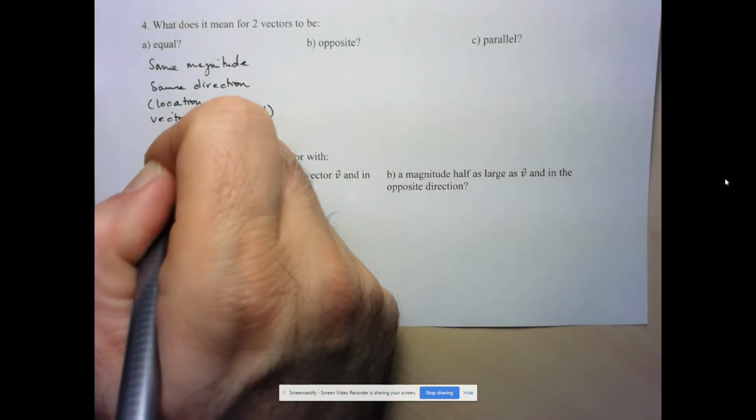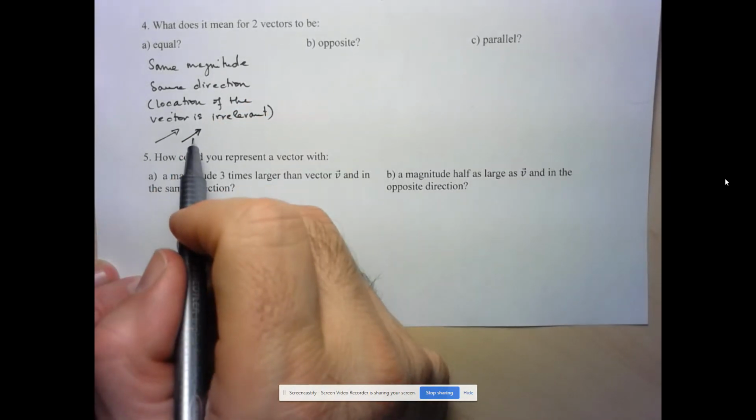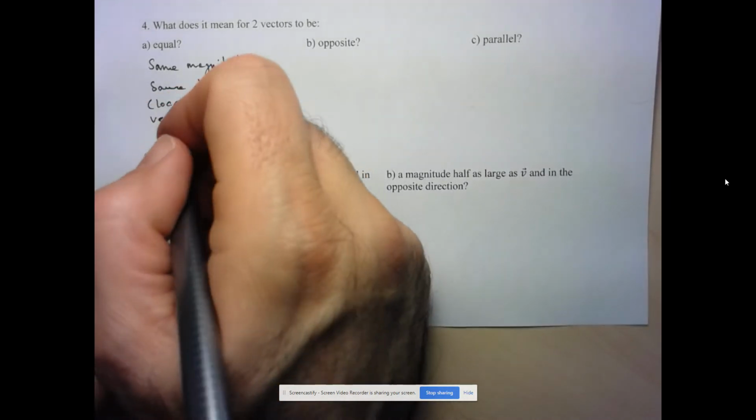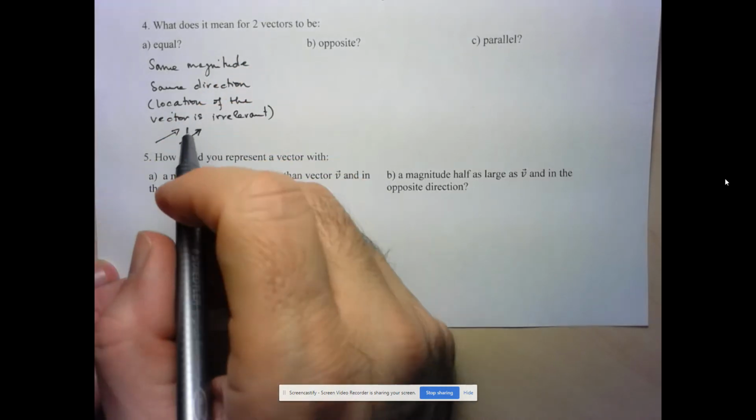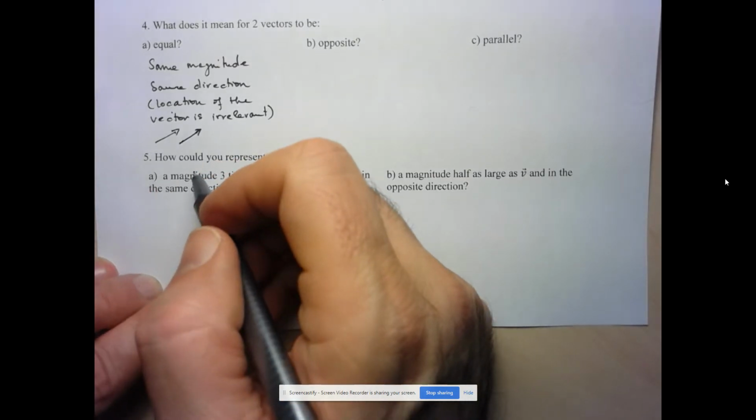Okay, so these two vectors, even though they're not in the exact same position, you have to imagine they're the same length, maybe a little off here, as long as they're pointing in the same direction and they have the same length, they're equal vectors.